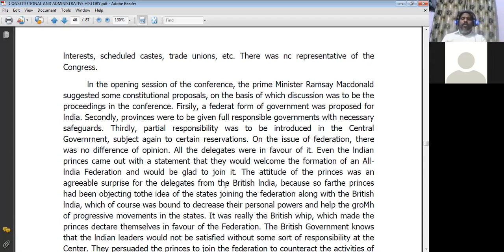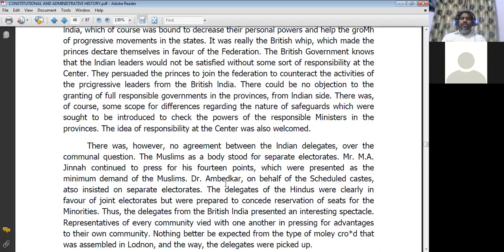There was, however, no agreement between the Indian delegates over the communal question, and the Muslims as a body stood for separate electorates. Mr. M.A. Jinnah continued to press for his 14 points, which were presented as the minimum demand of the Muslims. Dr. Ambedkar, on behalf of the scheduled castes, also insisted on separate electorates.